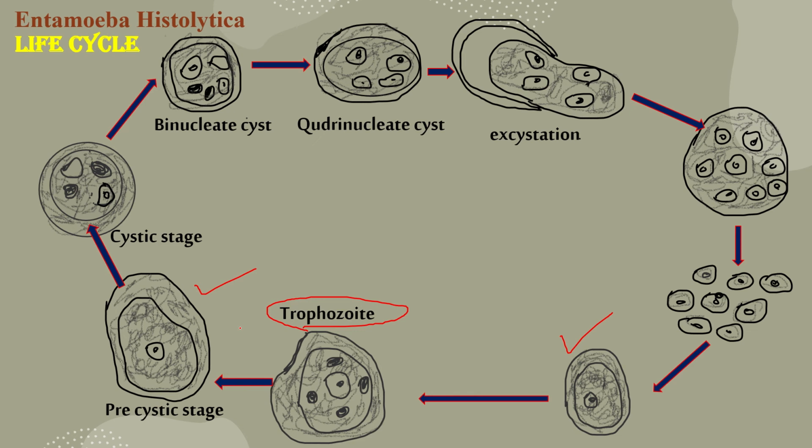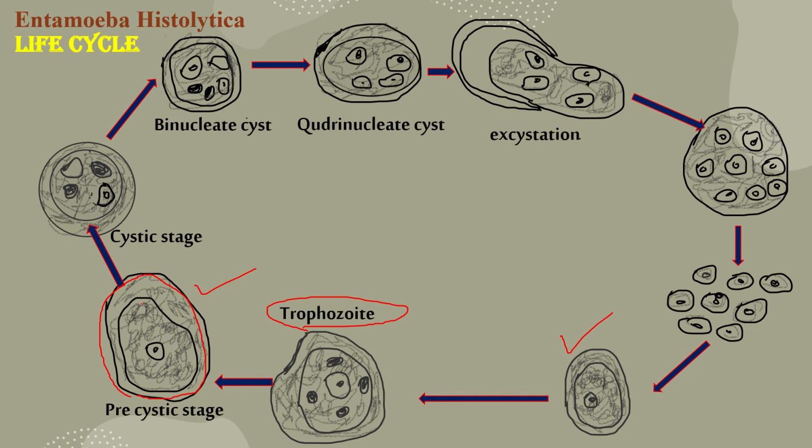At the precystic or minuta stage, a layer is formed around this organism, that is, cyst formation takes place around the organism. The process of formation of the cyst is called encystment. Encystment takes place in the lumen of the intestine, not in the tissues.